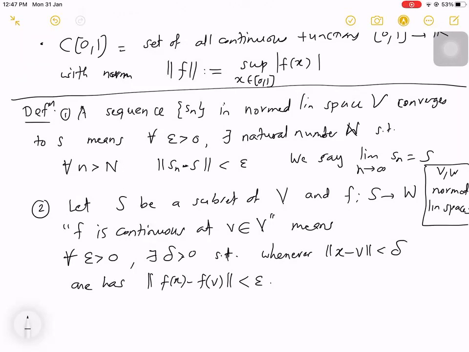So the idea is the following. What am I doing? We defined a normed linear space. We'll define the notion of a distance and see what properties it satisfies. Then we'll also define a metric space so we can start talking in that language.